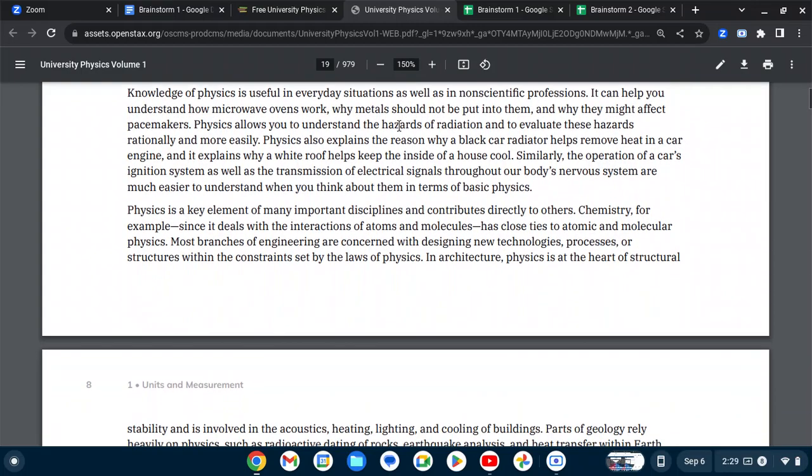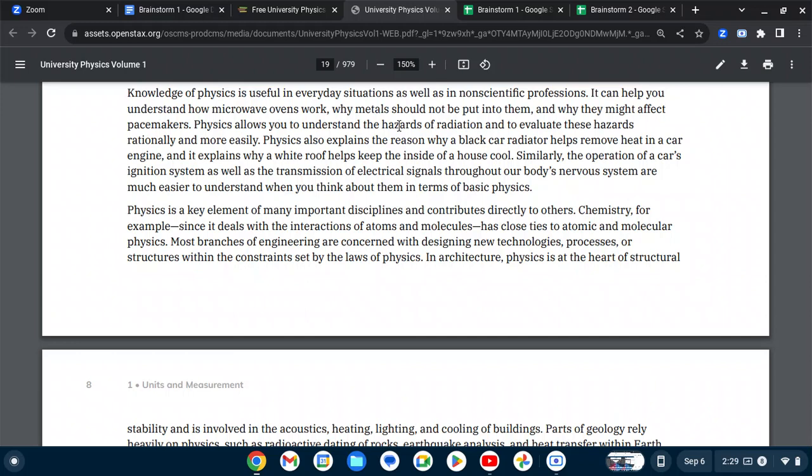Knowledge of physics is useful in everyday situations as well as in non-scientific professions. It can help you understand how microwave ovens work, why metals should not be put into them, and why they might affect pacemakers. Physics allows you to understand the hazards of radiation and to evaluate these hazards rationally and more easily.